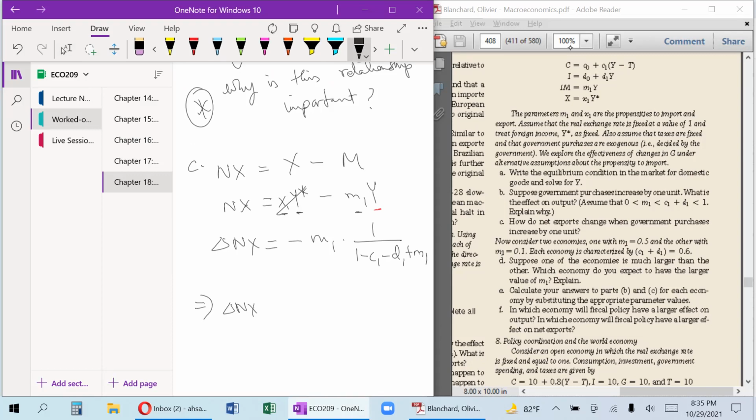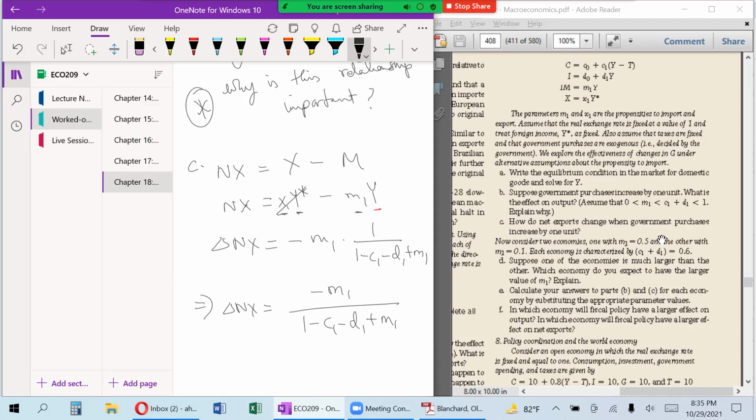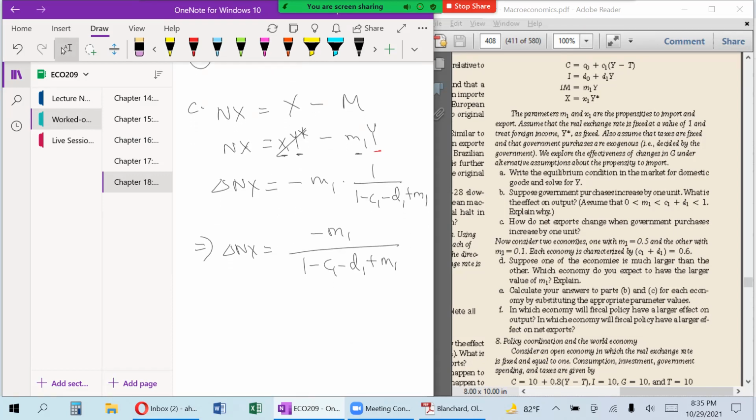Change in NX will be equal to minus m1 divided by 1 minus c1 minus d1 plus m1. Okay, and I think that's all that part C wanted. How do net exports change when government purchases increase? Yeah, that's fine.